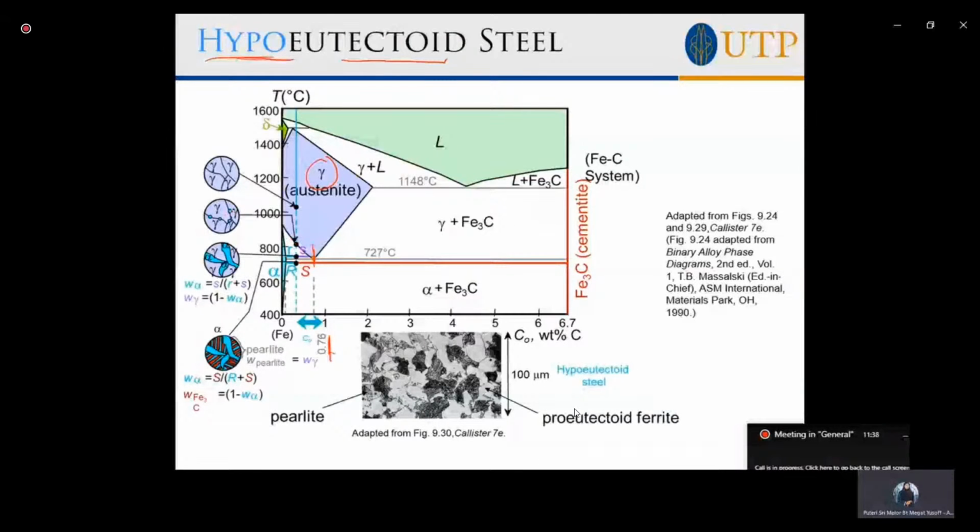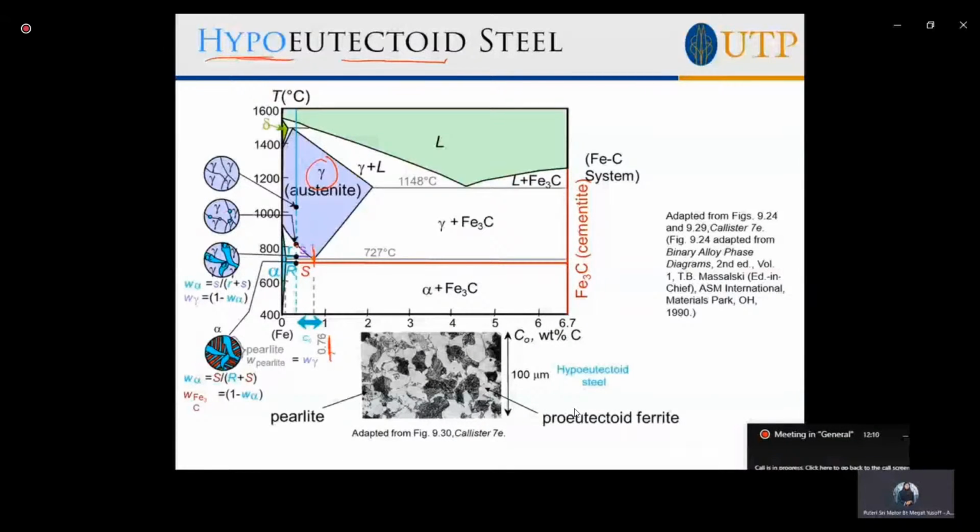Your alpha will grow out of the grain boundaries, because grain boundaries are regions of defect, with lots of empty space, so they are of higher energy. You will probably grow the new microstructure from there, so the alpha will grow from the grain boundaries.